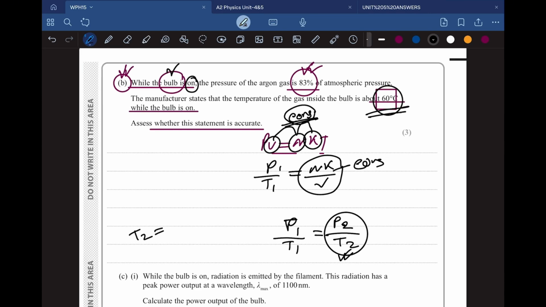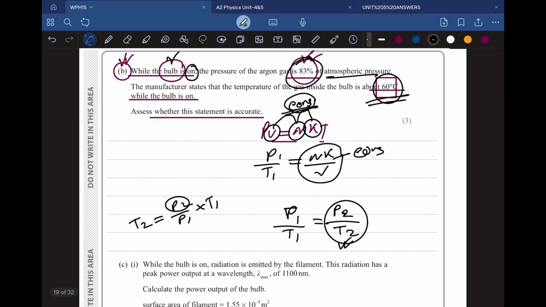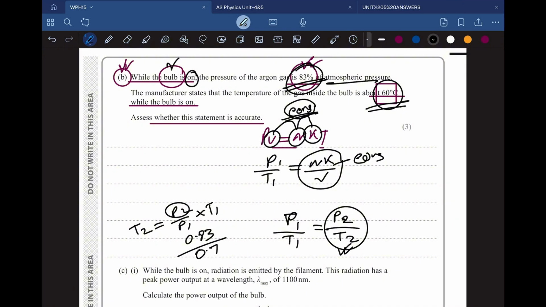So T2 is equal to P2 by P1 into the temperature of 1, right? So the pressure of 2 was 0.83 of the atmospheric pressure, and P1 was 0.75 of the atmospheric pressure. So the atmospheric pressures will get cancelled out, as both of them are the same, so we can actually omit them.